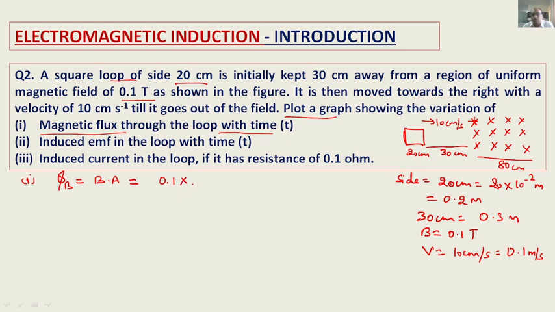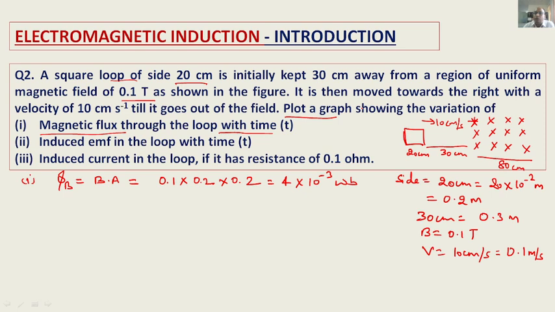Because it is a square, we can write the area as 0.2 into 0.2, so it will be equal to 4 into 10 power of minus 3 weber.